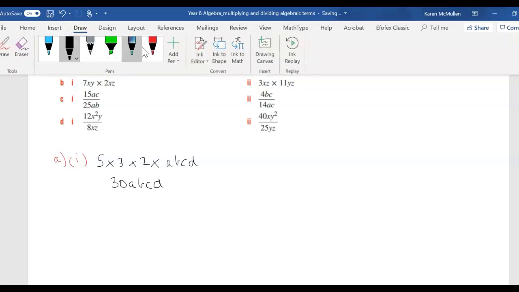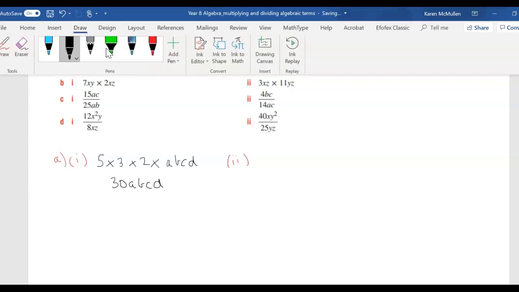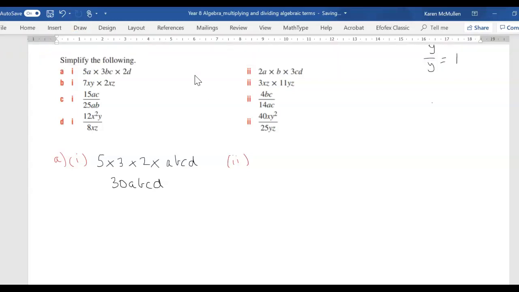All right, let's do the second question. So we've got 2A times B times 3 times C. So let's do the coefficients first. Now the number in front of the B is 1. If you want to write that, you can. Won't make any difference because multiplying something by 1, it stays the same.